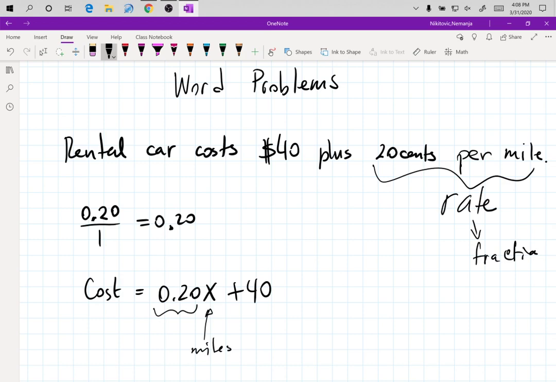So clearly, the more you drive, the further away you go, the more you pay. But again, the car depreciates with more miles and so on. So that's why the more you drive, the more you pay, because the more you are damaging the car by driving it.